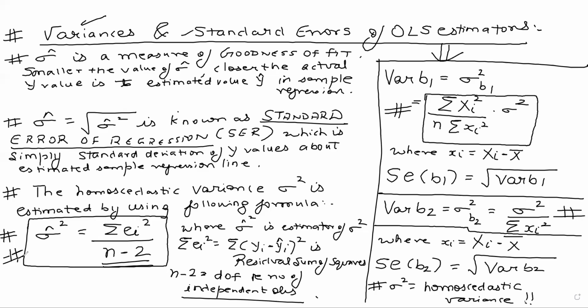It simply captures the standard deviation of the y values about the estimated sample regression line. The lower the sigma hat, the better the sample regression fitted. If sigma hat is high, you need to check your data, because you have not fitted a good regression line from the sample.